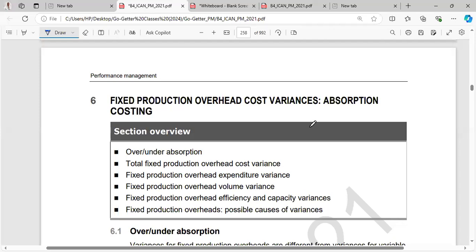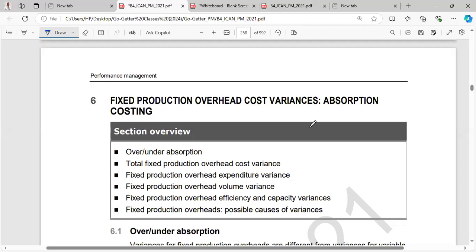Don't forget, all you may need to know is the standard quantity, standard price, actual quantity, actual price. And we said the standard is the fixed budget, the actual is your actual production. At the middle is your flexed budget, which must be on actual production. So it's going to be either actual quantity but standard price.